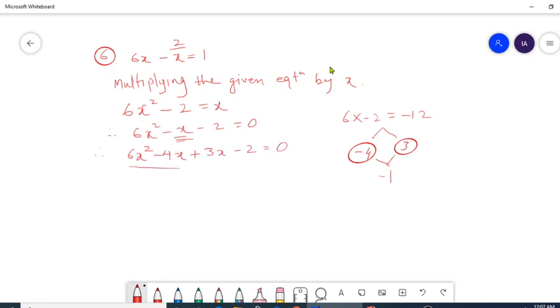We can group them, first two together and last two together. Here 2x can be taken as common factor. So 3 2s are 6, you will get 2x into 3x minus 2. Here we can take out plus 1 as common, because there is nothing common in these two terms.